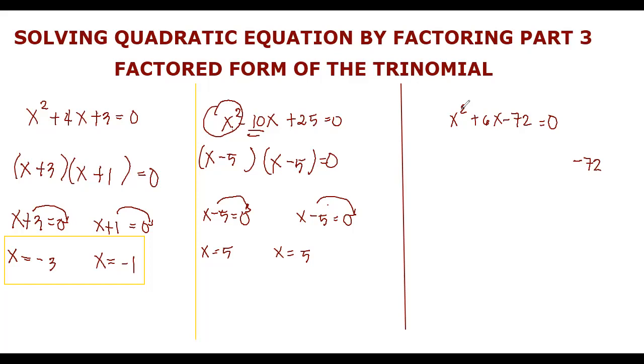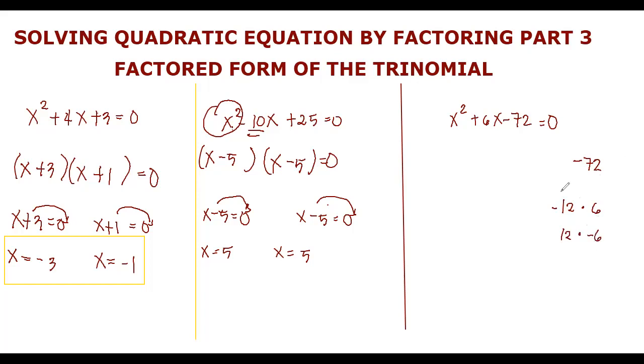What else? Okay, so pwede rin siyang positive 12 times 6. 12 times 6 is 72. But the factor that we need to get is negative 72. Okay, so dapat merong isa dyan. It's either negative 12 times 6 or positive 12 times negative 6.